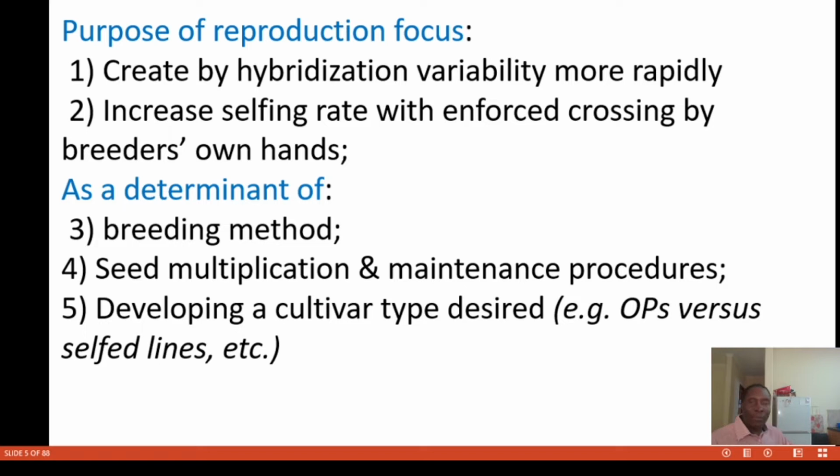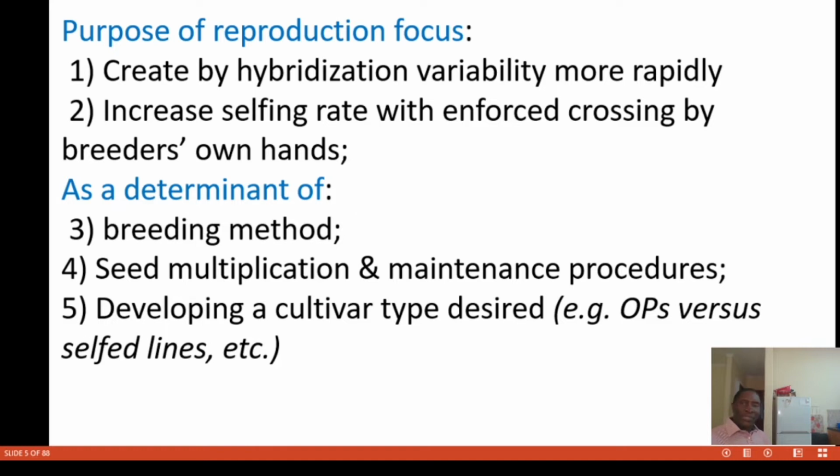That's quite another process. But here, the seed multiplication and the maintenance procedures that include isolation and the emasculation and stuff like that are dependent on the understanding of the reproduction focus.